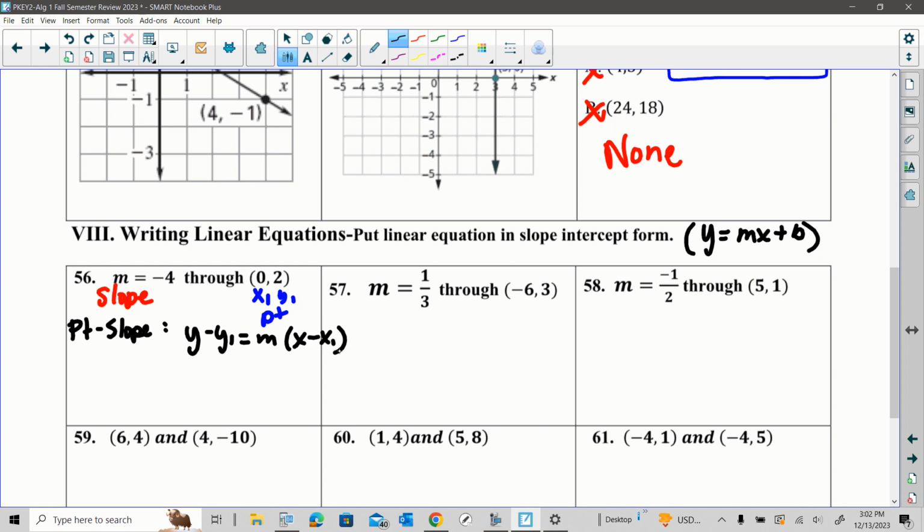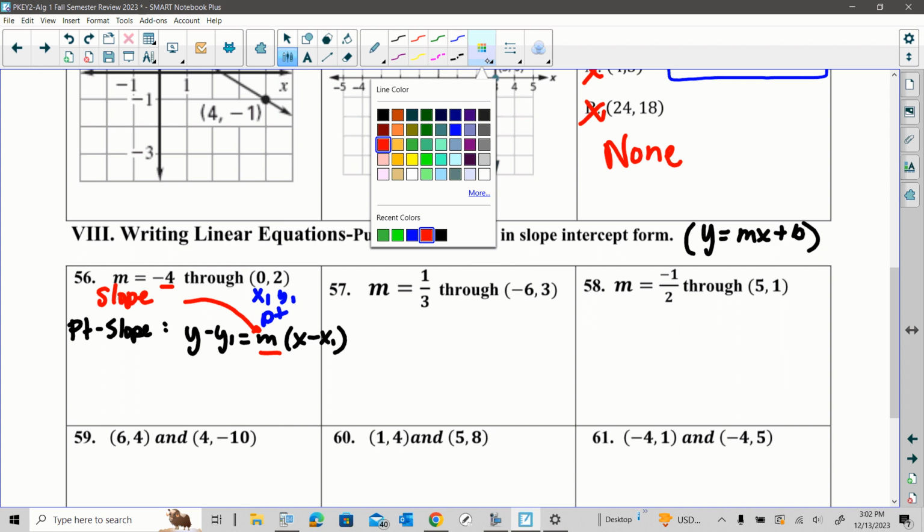Now, we'll talk about a shortcut if you recognize certain special points. But we're going to do this first, because you're going to need this for all of these problems, 50, 60, 61. So we're going to plug in the slope where the m is, right there. It goes in front of the parentheses, and then we're going to plug in our values for our point.